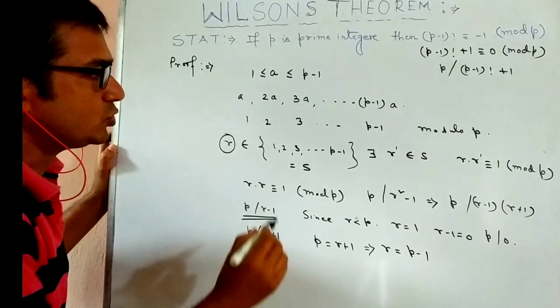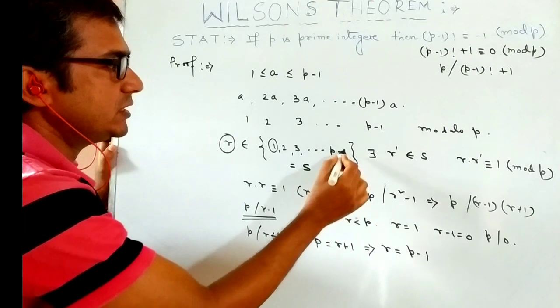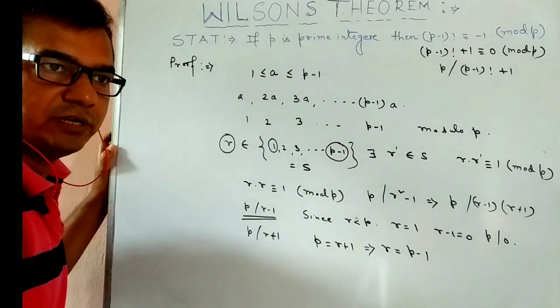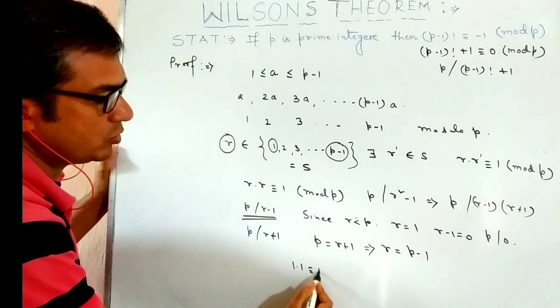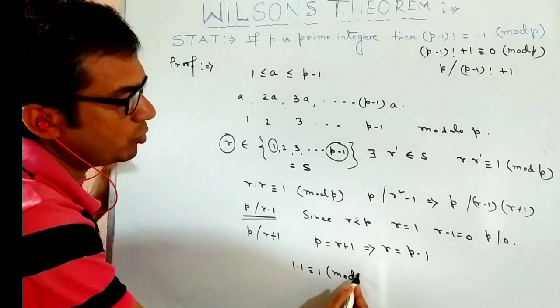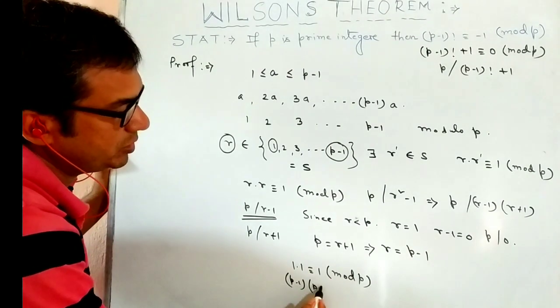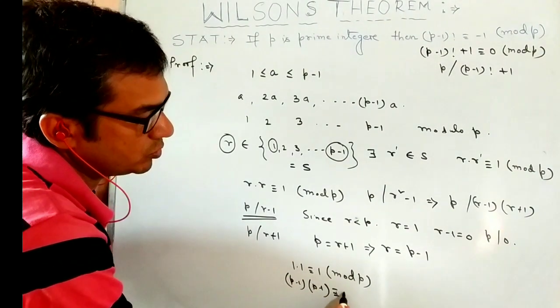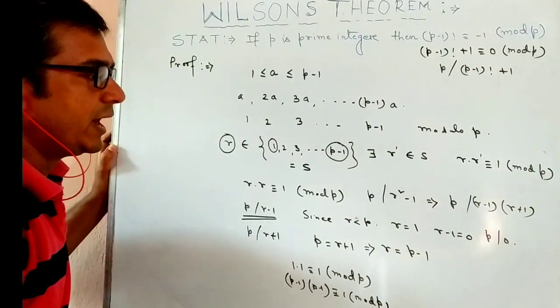Okay, so from this set, these two elements are the only two such that 1 times 1 is congruent to 1 mod p and (p minus 1) times (p minus 1) is congruent to 1 mod p, and we delete them, so there remain p minus 3 elements.